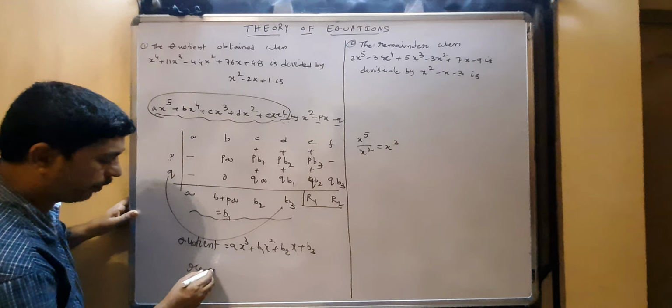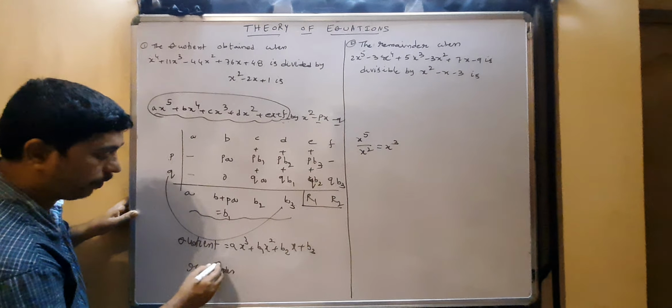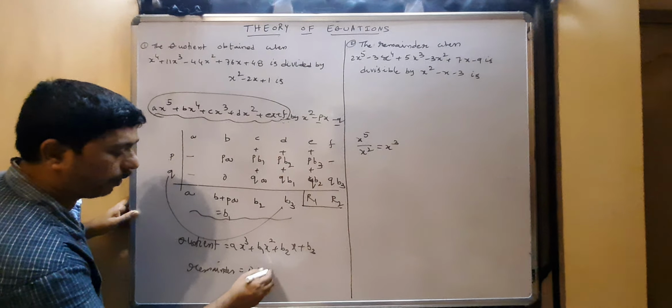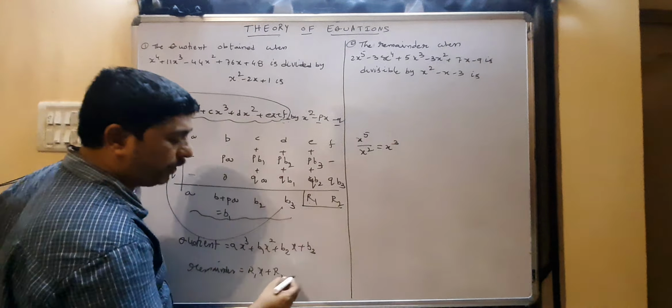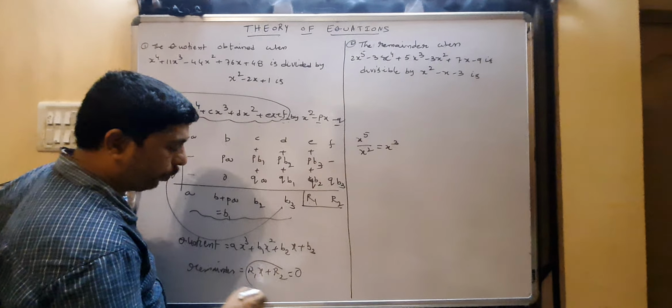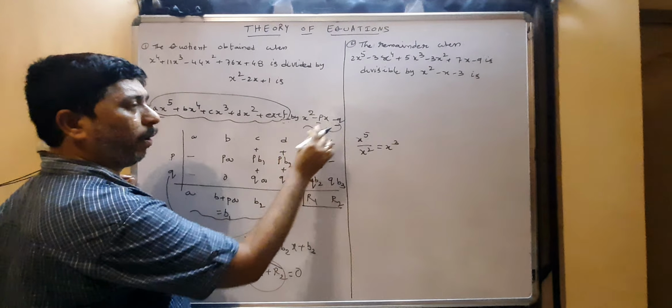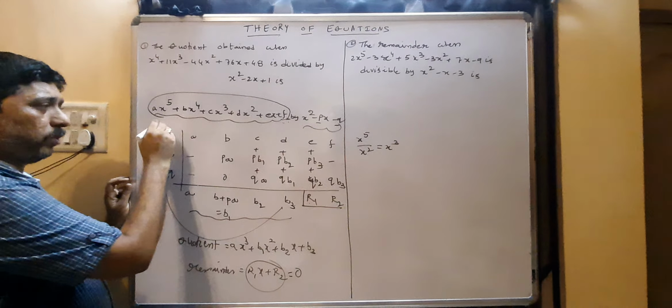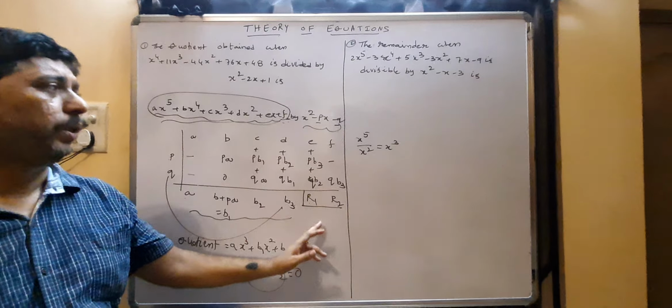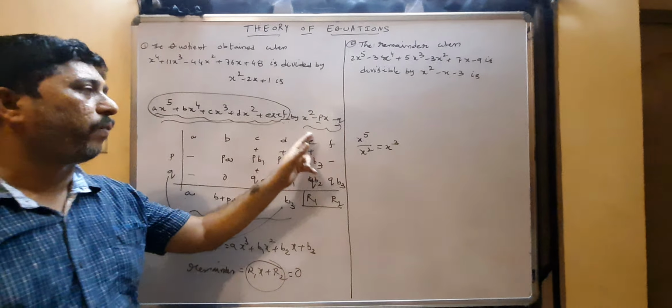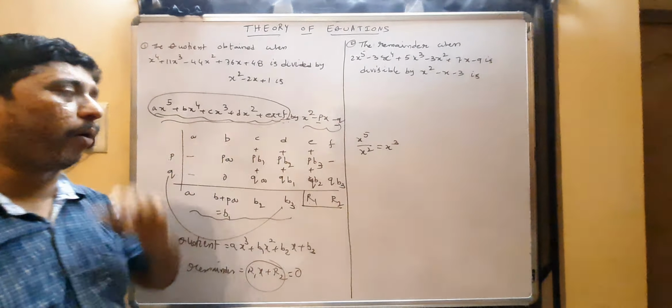Remainder equal to r1x plus r2. In case the remainder is 0, then this second degree polynomial is a factor of the fifth degree polynomial.